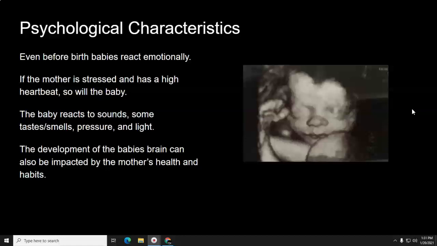Pressure, when you touch the stomach, a lot of times you'll see pregnant women holding their hands on their belly or rubbing their belly, and that is kind of a natural thing that is both soothing and stimulating to babies. If the dad's around, the baby can detect the dad's hand because the pressure and the warmth is different.